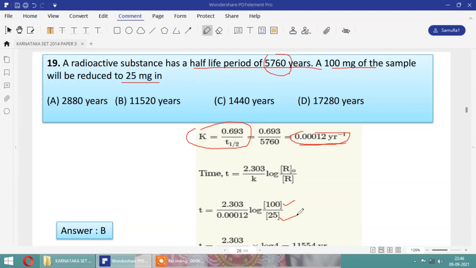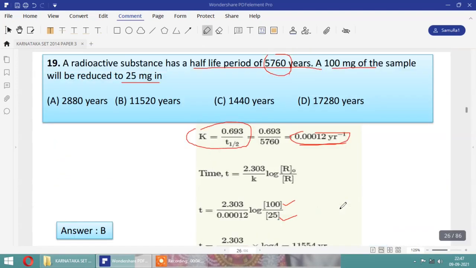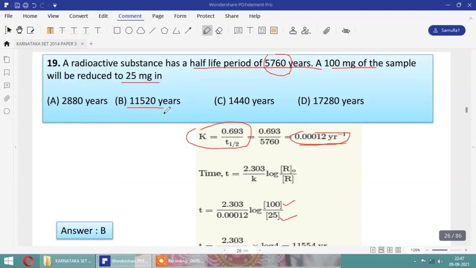So you will get the time period, that is about 11,520 years. That is option B is correct, to reduce 100 milligram of the sample to 25 milligram of the sample.